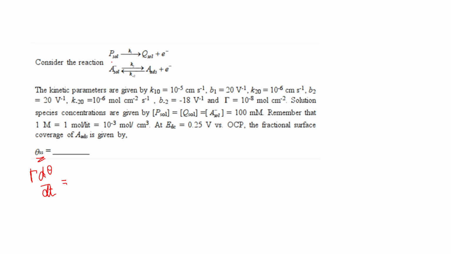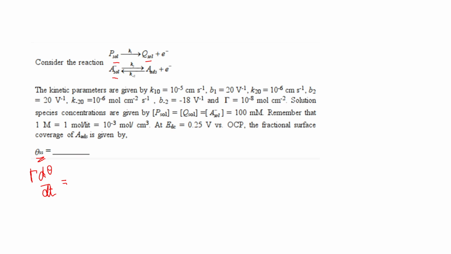Yes. So which is the intermediate here? P solution is something which is in the solution, Q solution is in the solution, A solution minus is another ion in the solution. See, if you are doing some analysis, you will be able to detect P solution and Q solution.